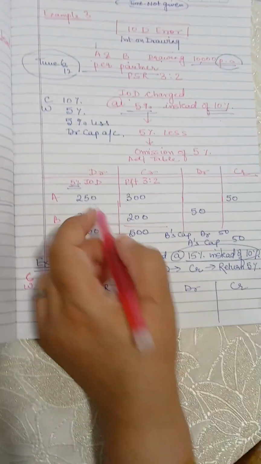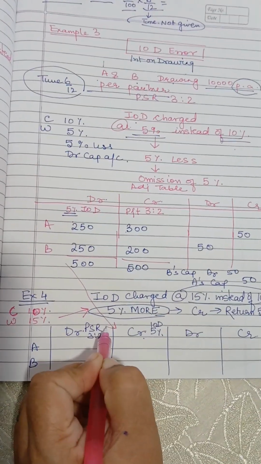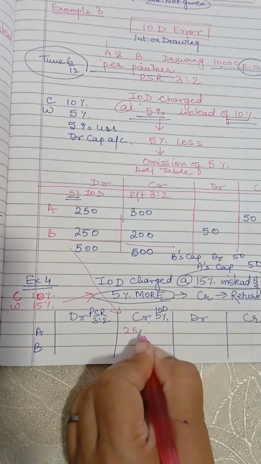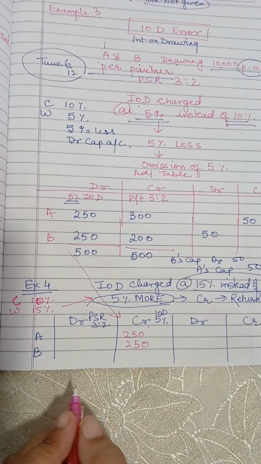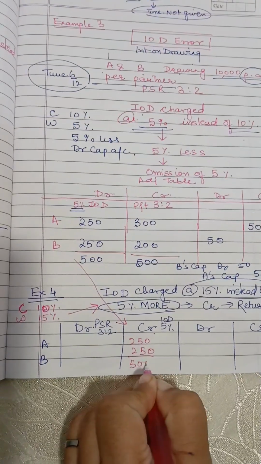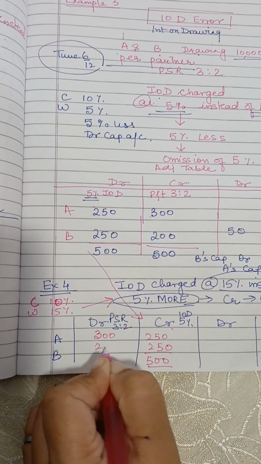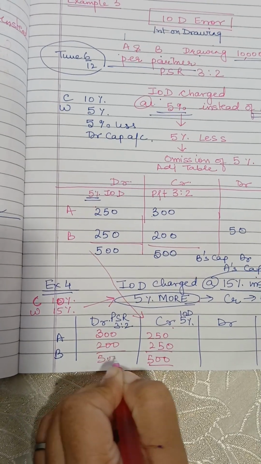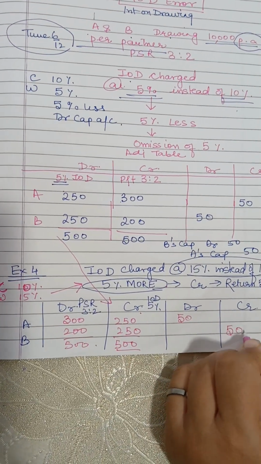When less was given, we were debiting. Here more is given, so we will credit that. How much? 250, 250. Calculation you know as the previous example. So 500, this results in a loss. Share in the ratio of PSR. The adjustment is A debit, B credit, 50 rupees.